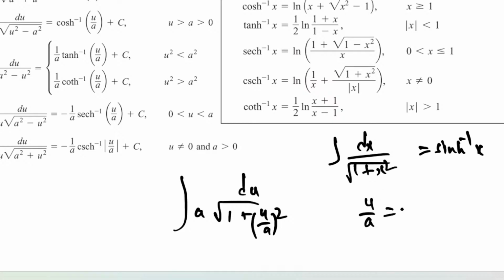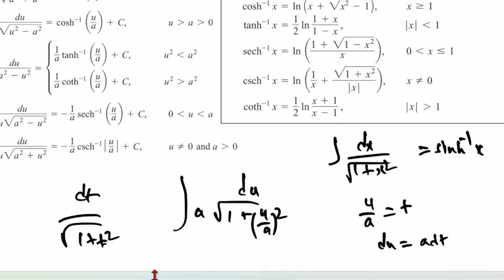U by a equals t, du equals a dt, right? So that a and this a will cancel. We get dt by under root 1 plus t square, which is nothing but sin h inverse t, which is nothing but sin h inverse u by a. Understood? Got it, no? Shreyas, you also got it, no?